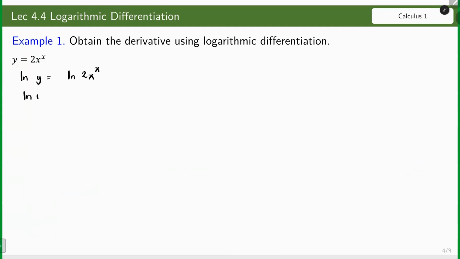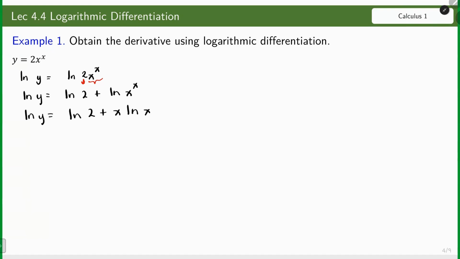We are going to make use of the logarithm laws. So this can be split. We have ln 2 plus ln x raised to x. And then we have here ln y is equal to ln 2 plus x ln x.